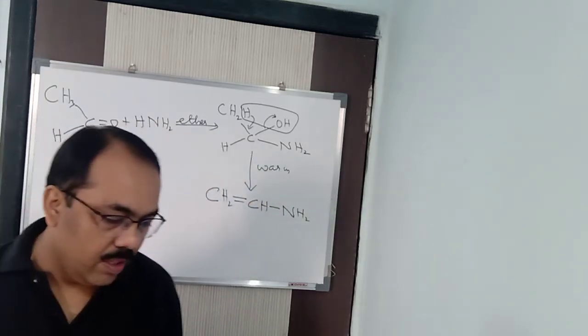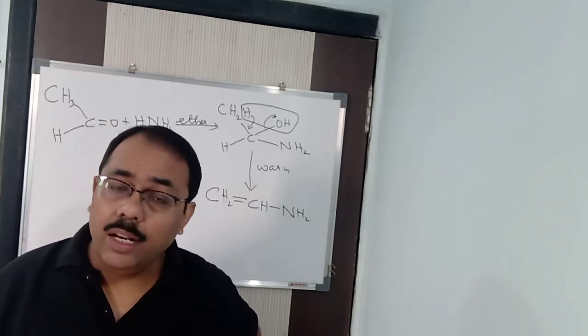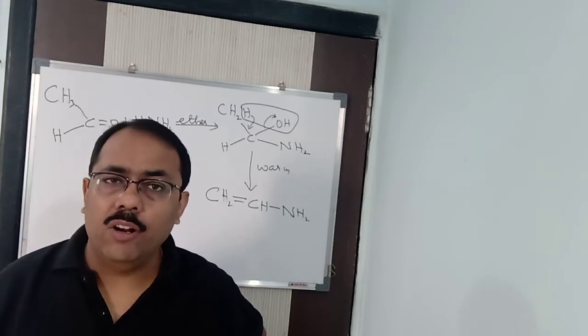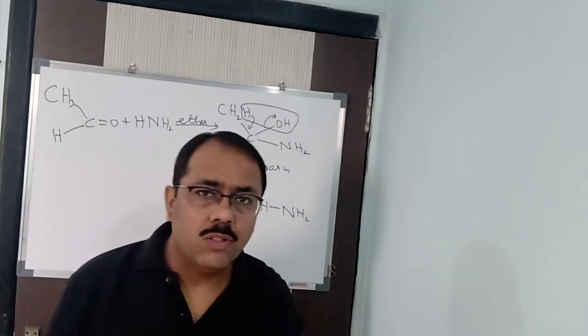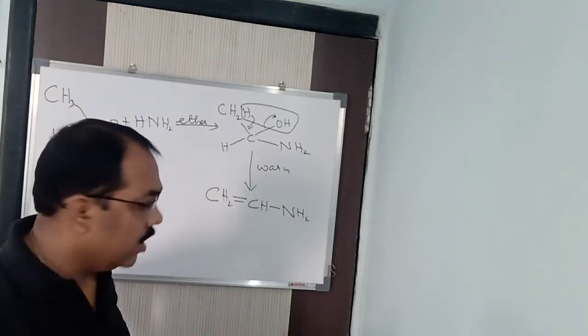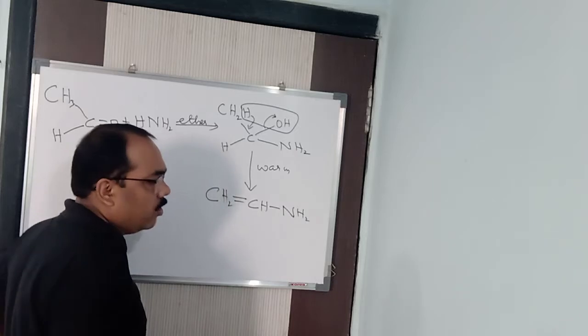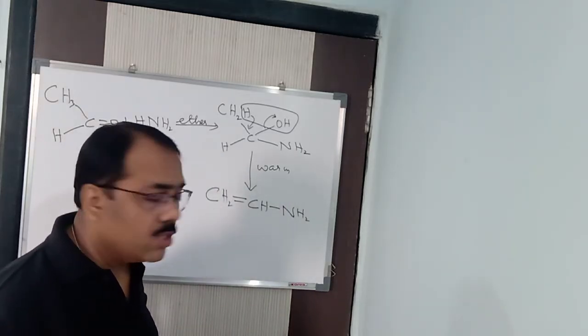Now, in case of a vinyl group, it is not stable. It will undergo tautomerization. Tautomerization means that there is rearrangement of the atoms going to take place.